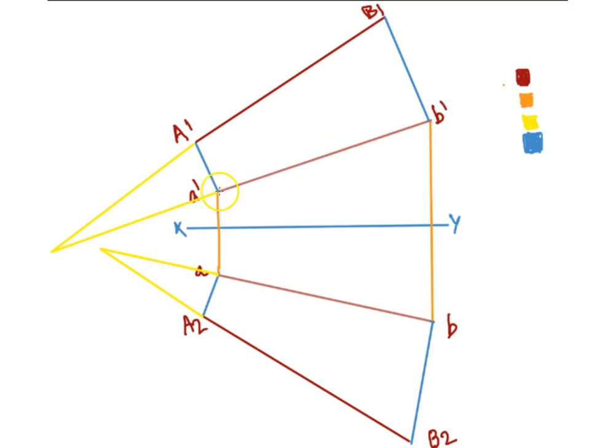So since this point is already located and you know the length, you can easily position B dash. In this particular case, you have both the positions of A and B, so you can draw AB.